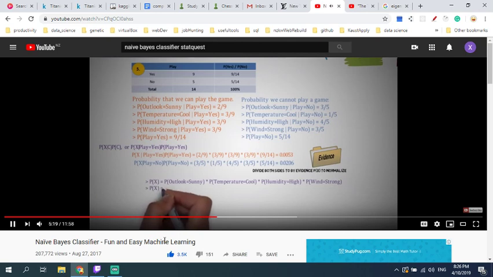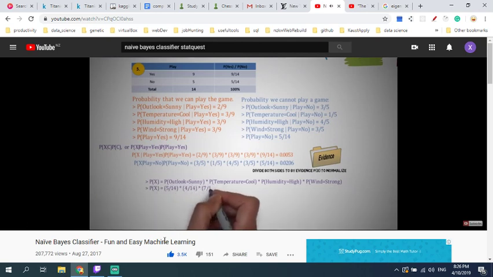As we mentioned earlier. And this gives us our probability of x, which is 0.02186.